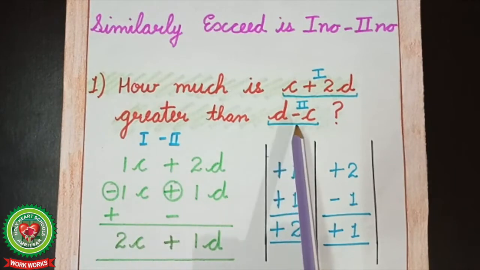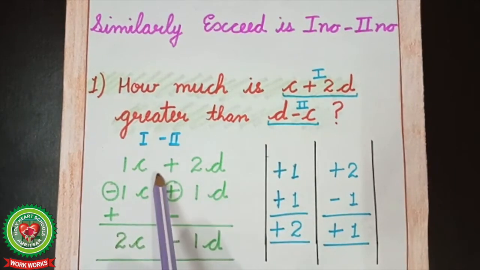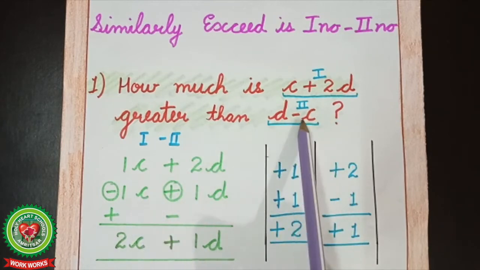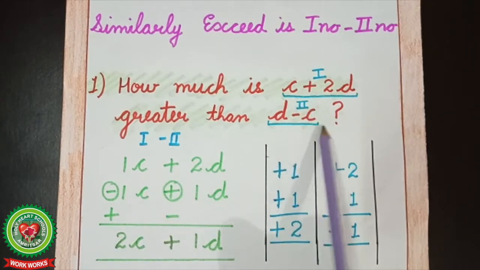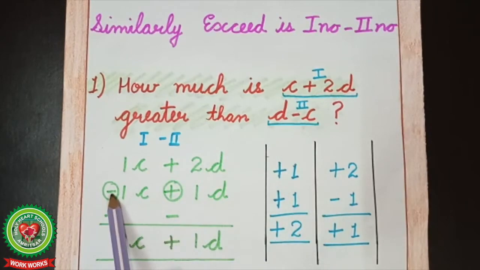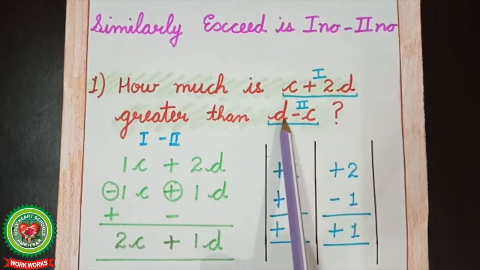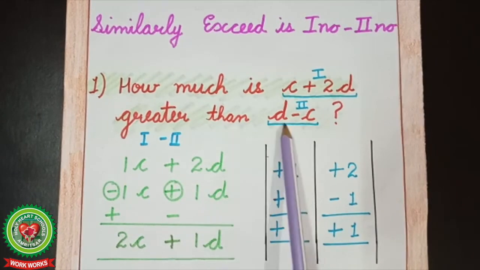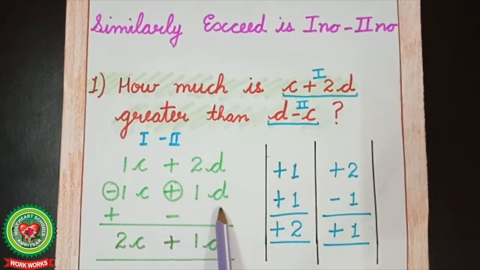And the second expression we will write down, and you have to write c under c. Here minus c is written at the second place, so you will write minus 1c, and plus d under d. With d no number is there, so you will put 1 as well.